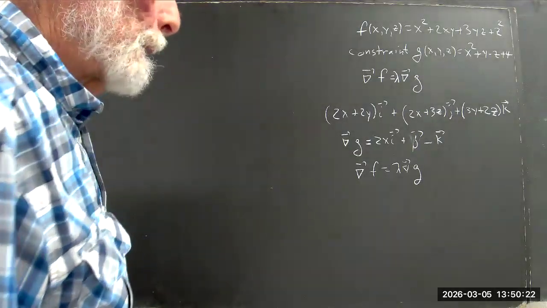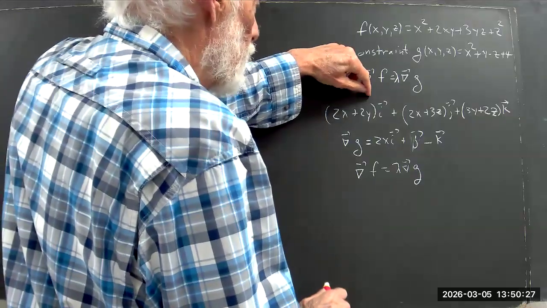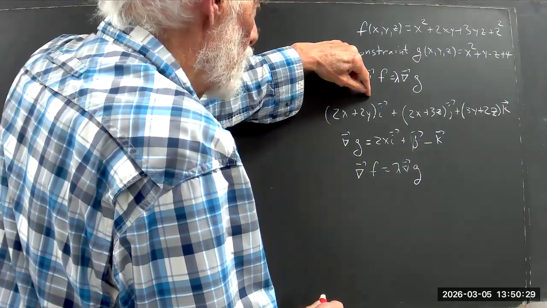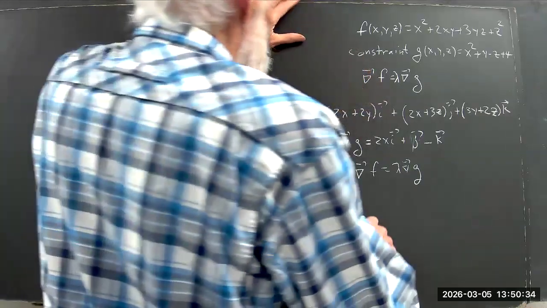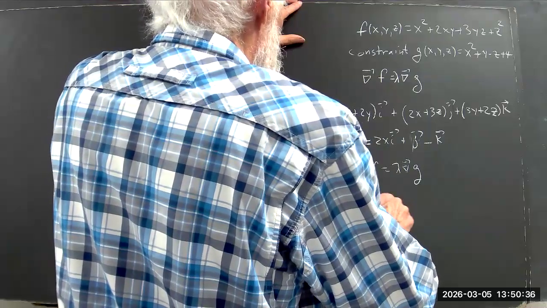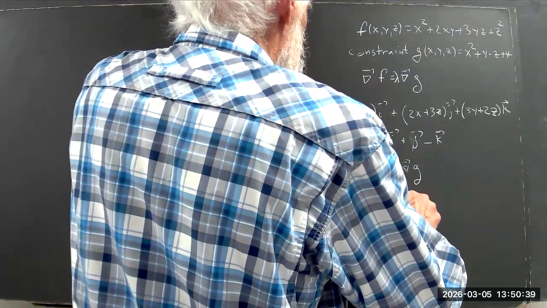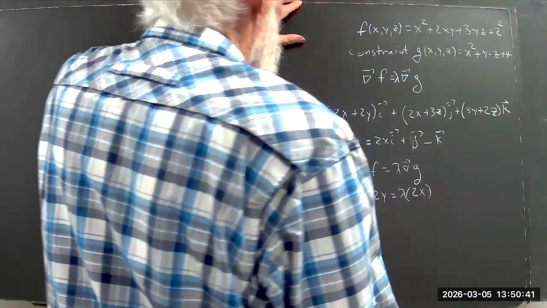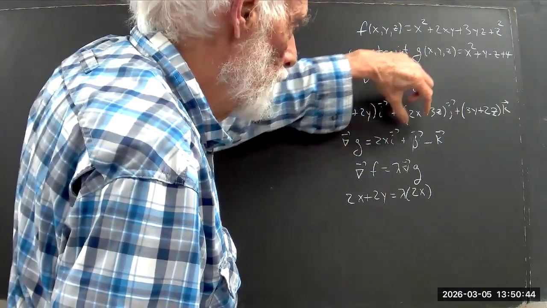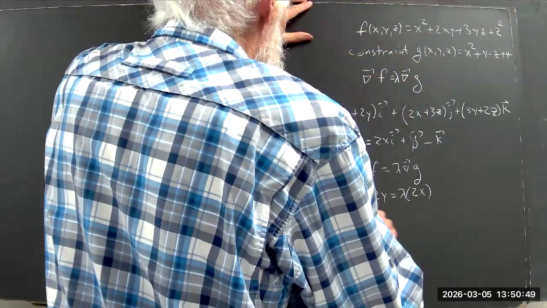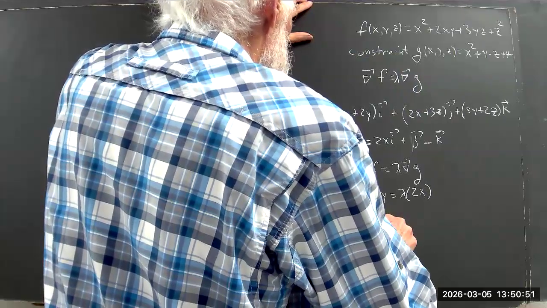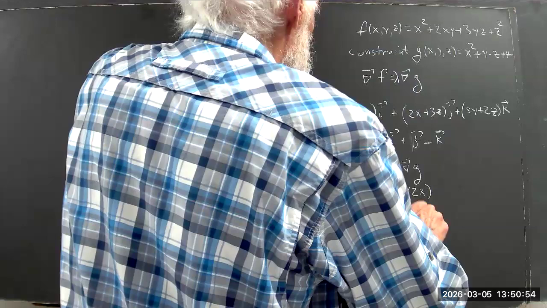Del F equals lambda del G tells you that the I component of del F is equal to lambda times the I component of del G. So 2x plus 2y equals lambda times 2x. Similarly for the J component, 2x plus 3z equals lambda times 1.